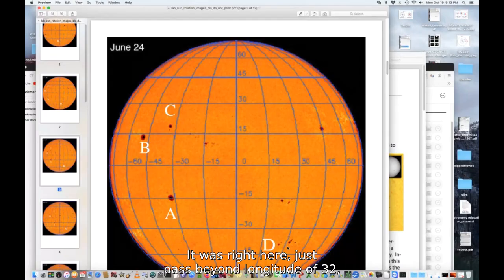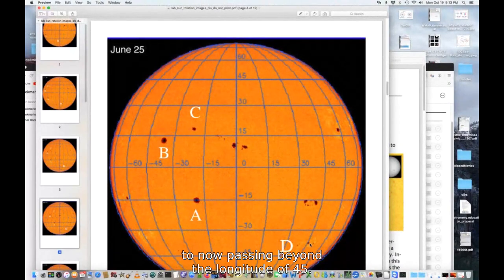It was right here, just past longitude 30, and now it's passing beyond longitude 45. If you look at that dark spot, it's about 46 right here. This is an extended object, but let's just pick one. You can pick here or there, but keep it consistent. Whichever you pick, just use that.